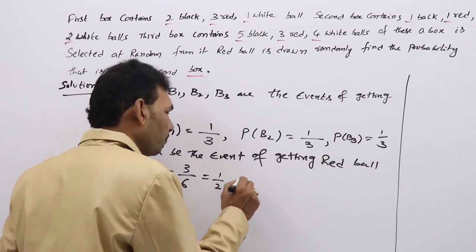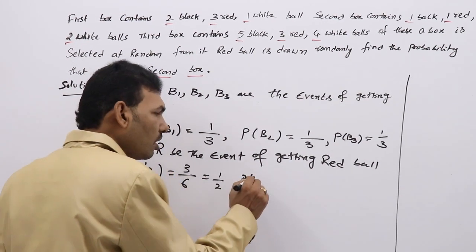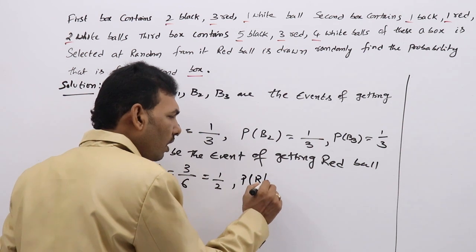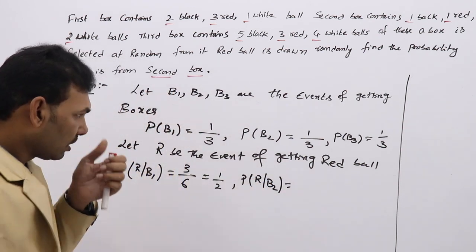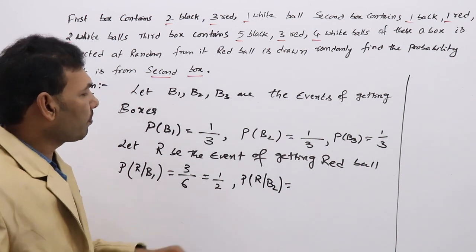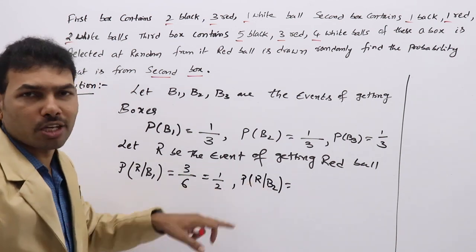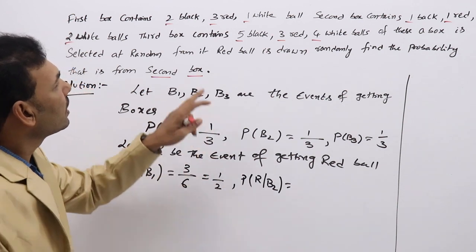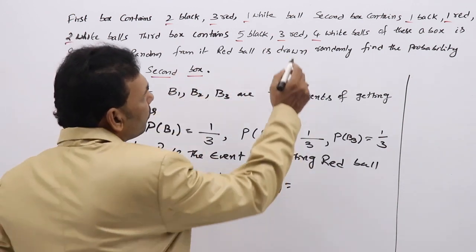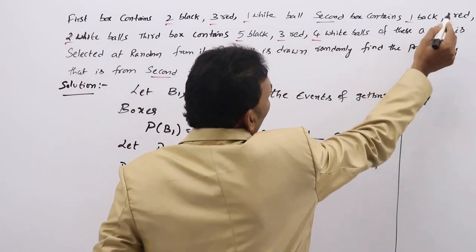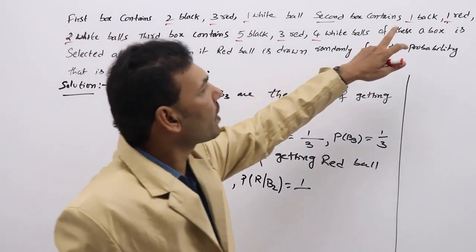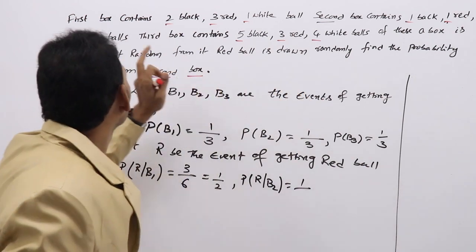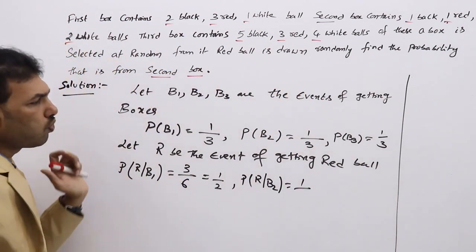Next, coming to the second one: probability of R given B2. That means from the second box, what is the probability of getting a red ball? In the second box, if you observe, you have only one red. How many total balls do you have? 1 plus 1, 2; 2 plus 2, 4.